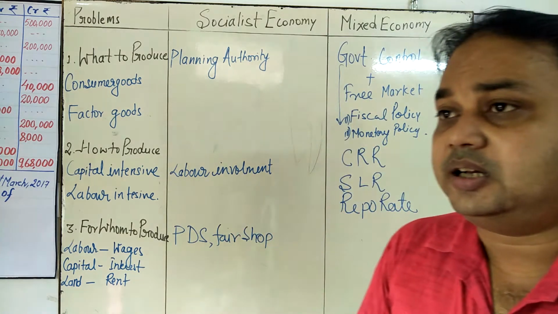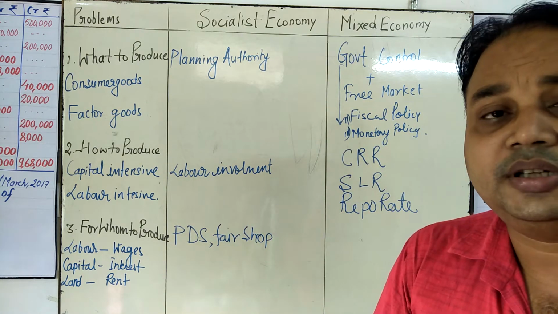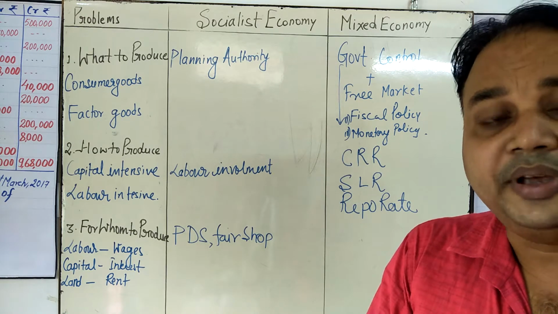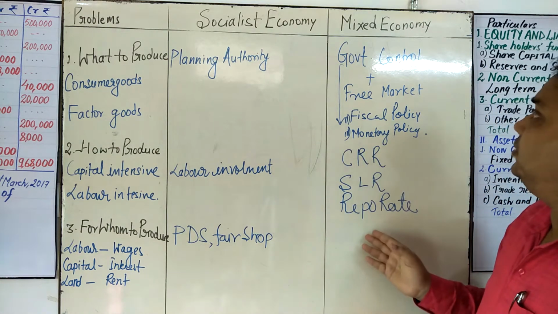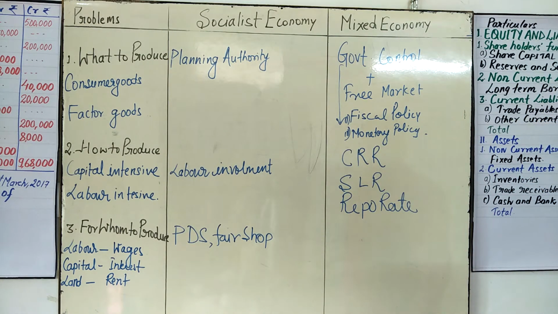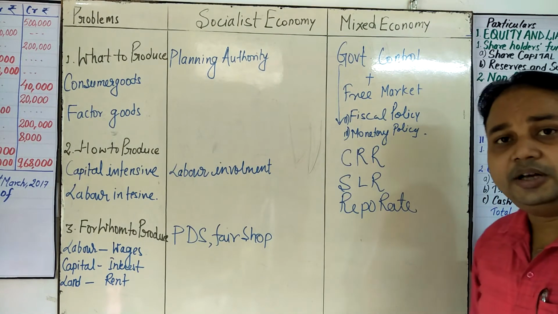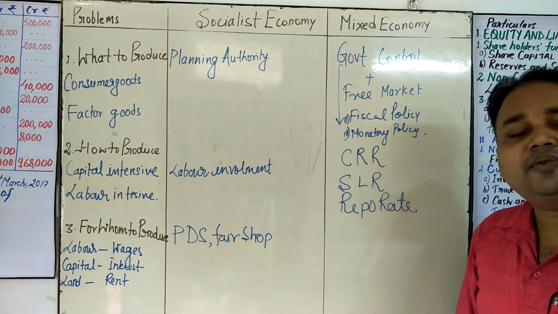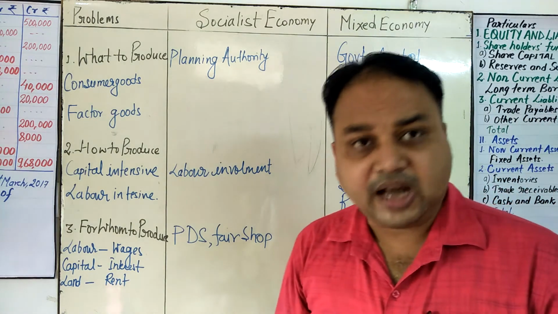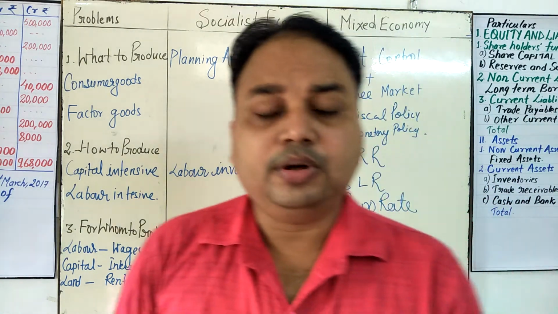You cannot say that our economy is fully based on the socialist pattern; it is based on a mixed economy. Whatever decisions are taken by the government regarding fiscal policy, monetary policy, CRR, SLR, these are taken with the help of the RBI.